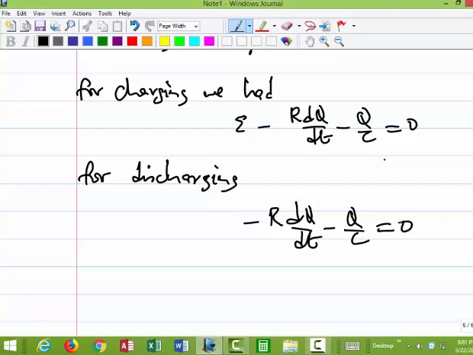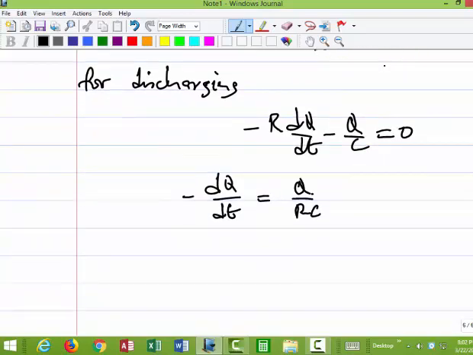So that's for discharging. Then we can say that minus dq/dt is equal to Q over RC. Put a negative on the other side and bring the Q down, so dQ over Q equals minus 1 over RC dt.